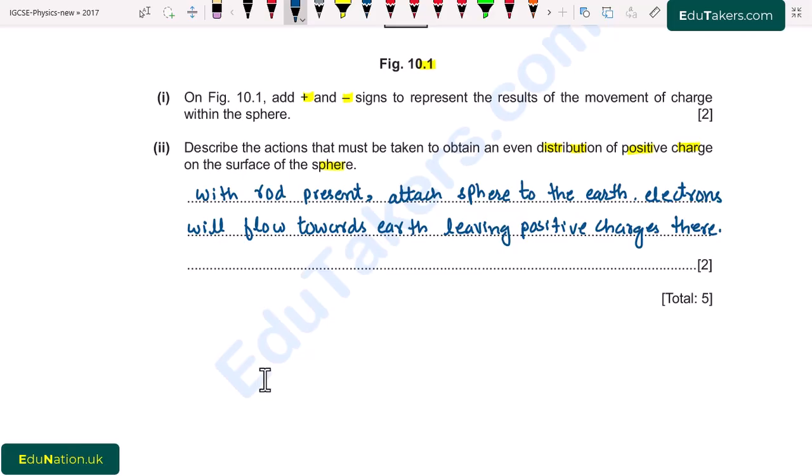Now remove the earth connection and also the rod, so that there will be an even distribution of positive charges on the sphere.